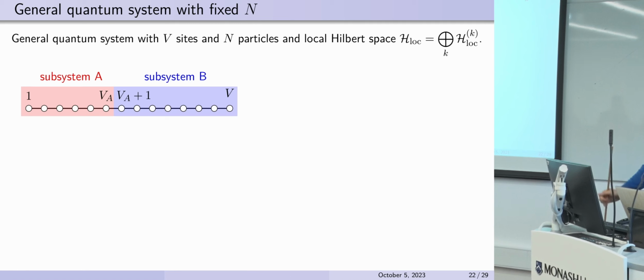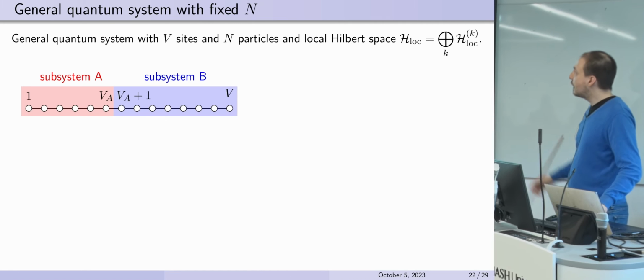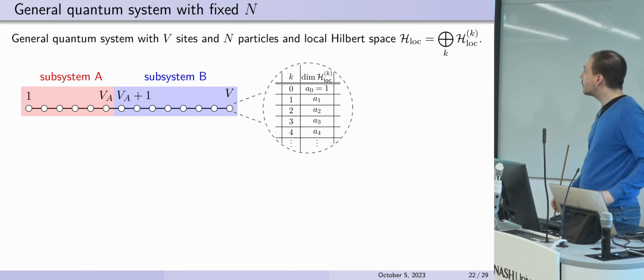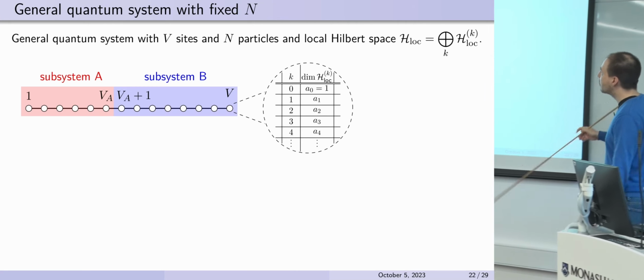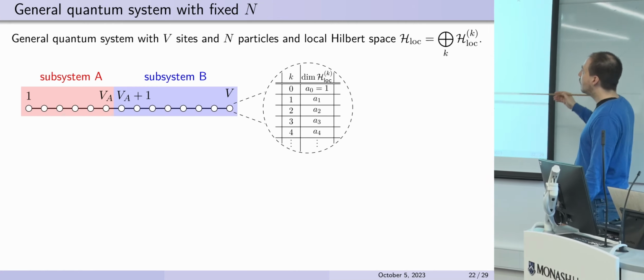So the setup is we have again our lattice, but nothing related to fermions. If we zoom into an individual site, the only structure that we have is what is the dimension of the local Hilbert space that carries 0 particles, which is like the vacuum, not placing a particle there. 1 particle, so how many ways are there to have 1 particle, 2 particles, and so on.